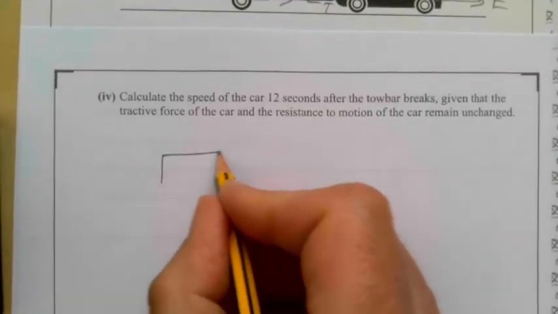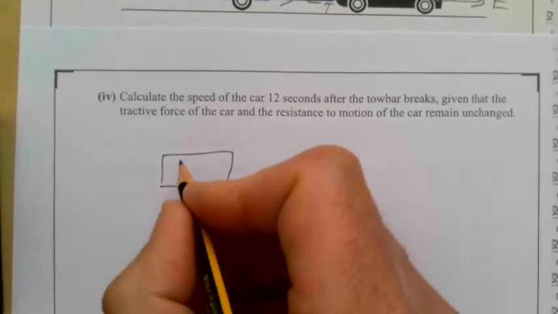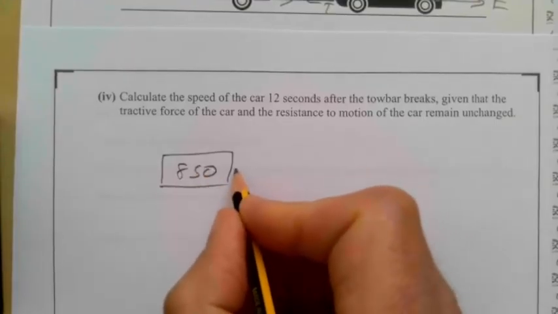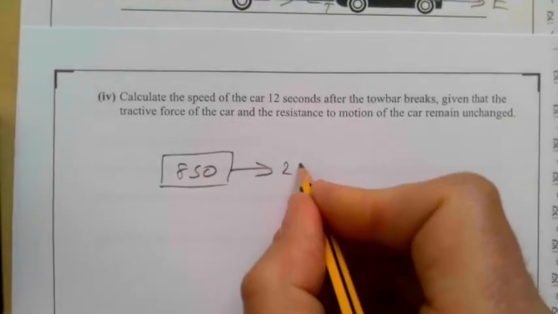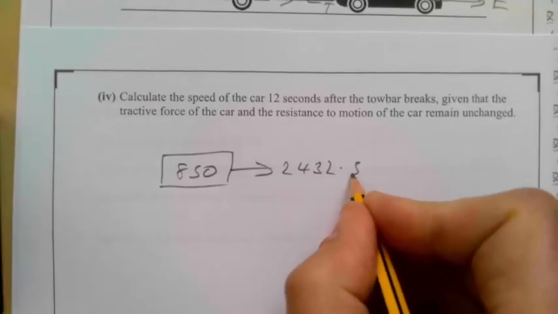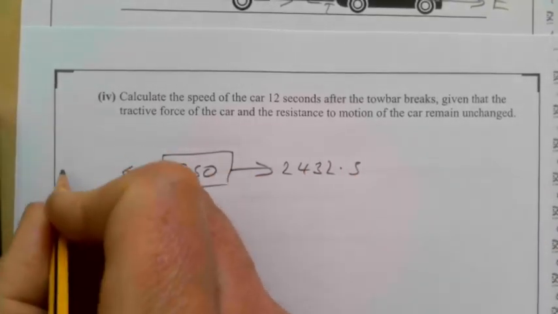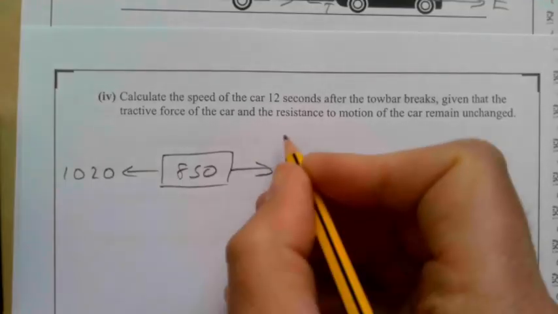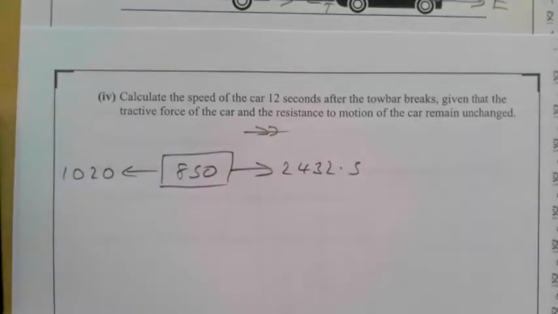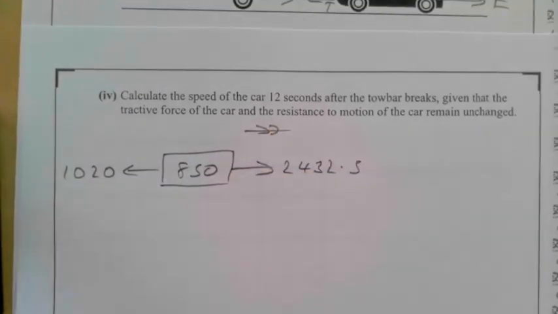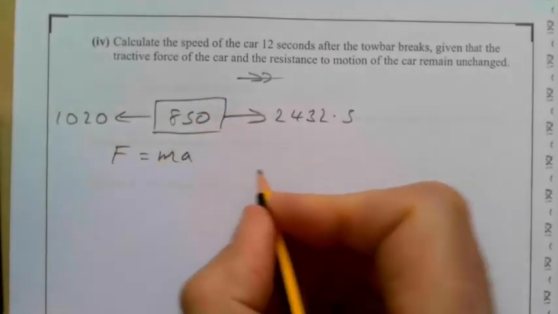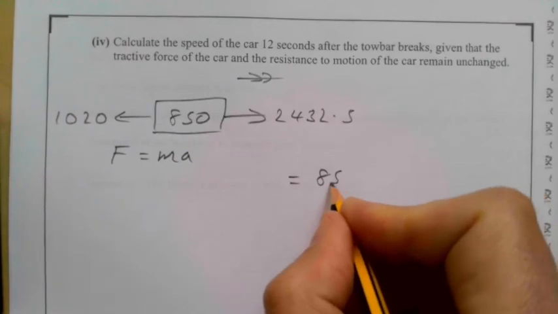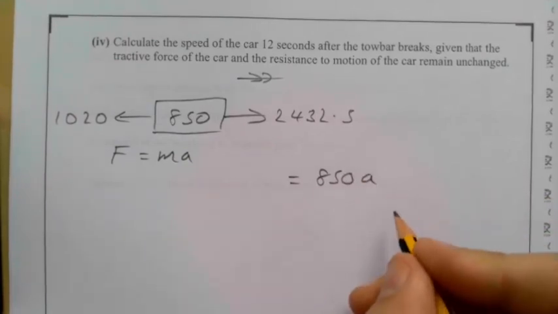So here's my new car. That's 850. This force here is 2432.5. This force here is still 1020, and it's accelerating that way. So we're going to do F equals ma. The right hand side is 850 times A, a new thing we're trying to work out.